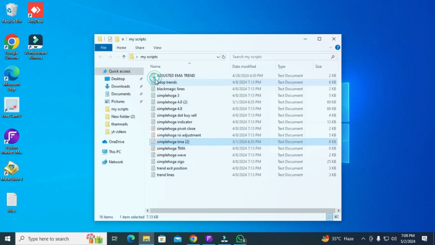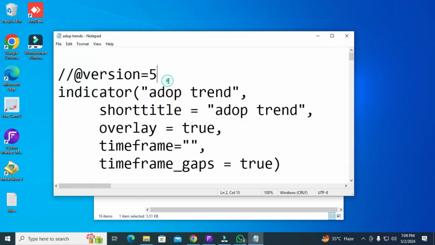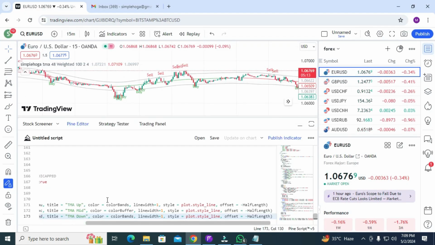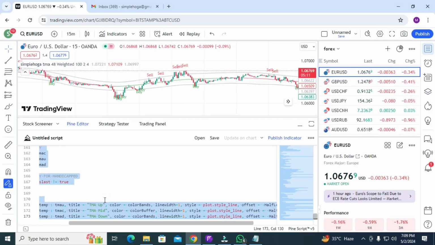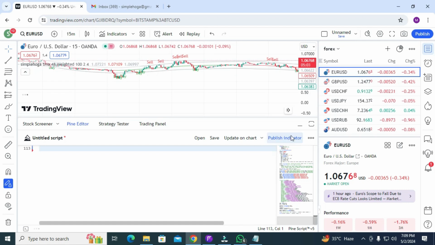Go to my indicator, and I need to add one more indicator, adopt trend. Control A, Control C, and then go to your Pine Editor, and here you have to paste your code, Control A, Control V, and then click here, and here you will find the option add to chart, and click on it.